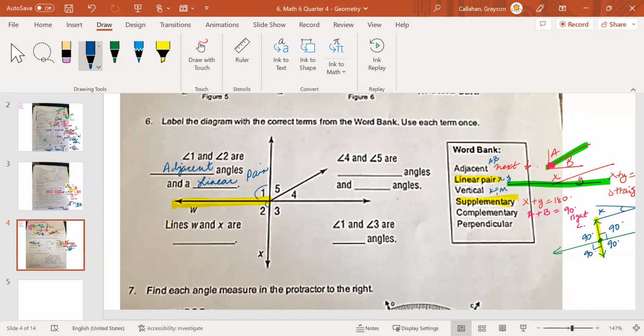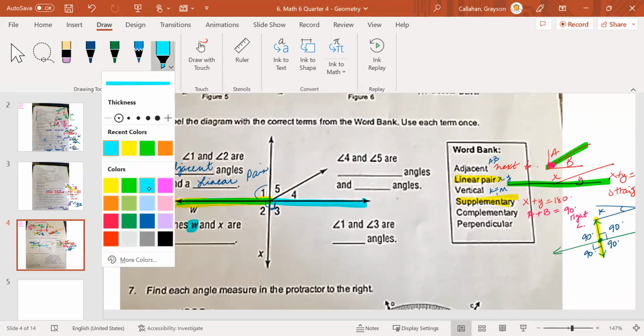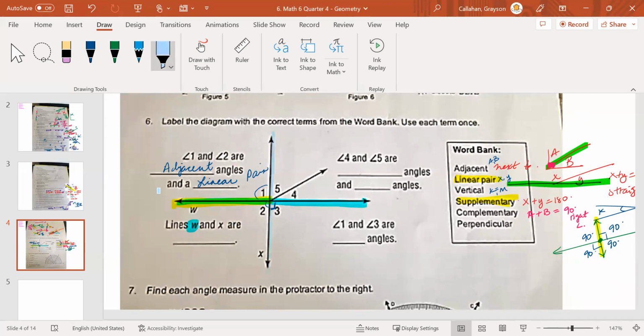Even though you can't assume that angle 1 and angle 2 are 90 degrees without actually showing that one of these angles is 90 degrees. You can't make that assumption, but it doesn't say that. Visually, it looks like it might be 90, but it could also be 91. So we don't know. Lines W and X. W is this right here, and line X is this line right here.